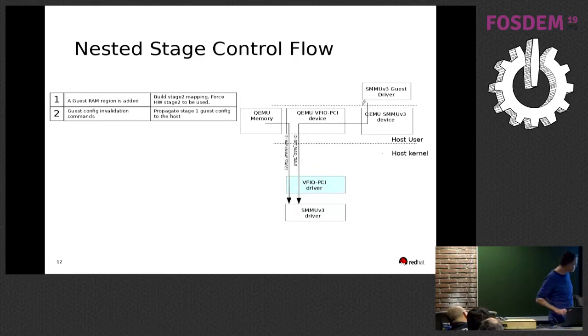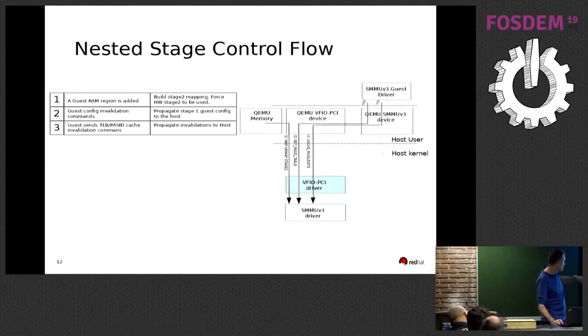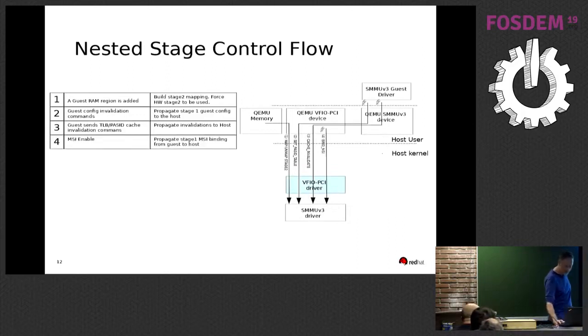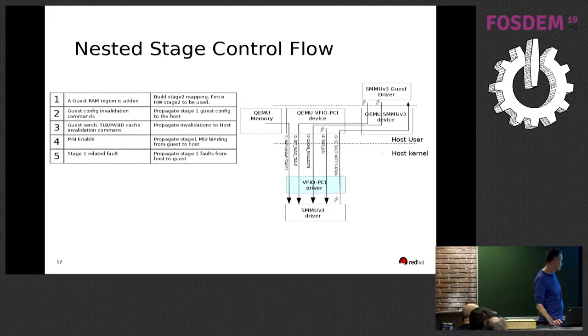So we introduced a new IOCTL at VFIO PCI level to do that. We also have to propagate cache invalidation commands from the guest to the host operating system. We have a special handling for MSIs, which I'm going to comment on in the next slide.